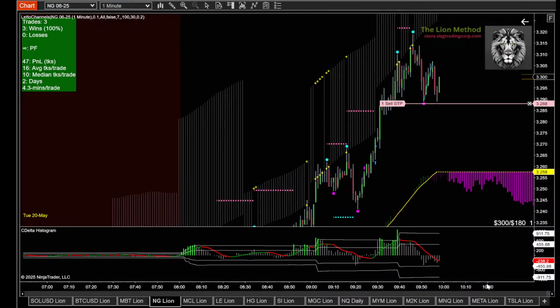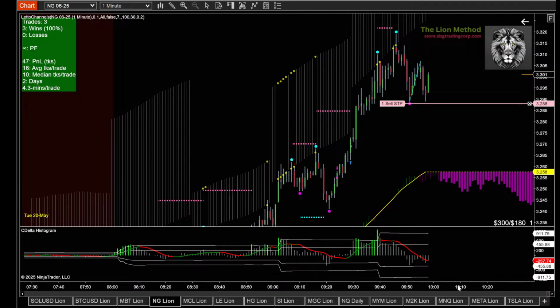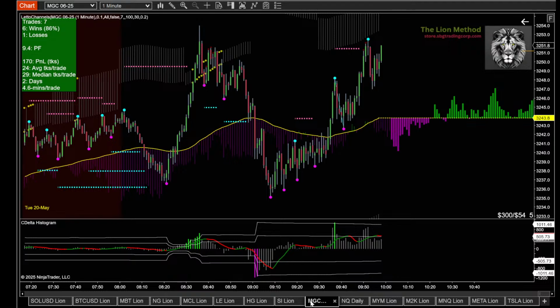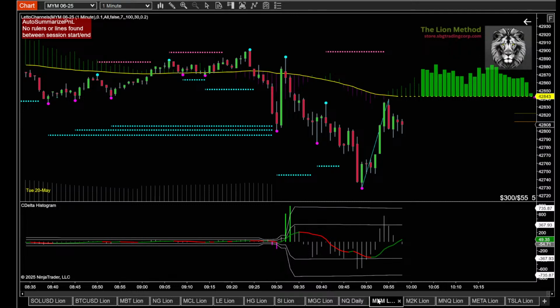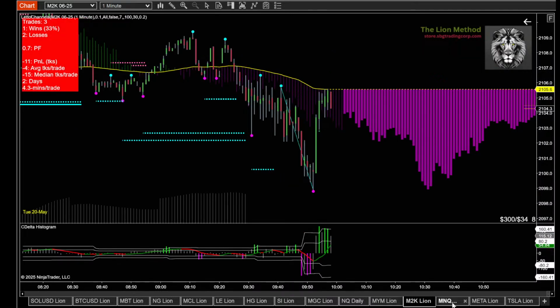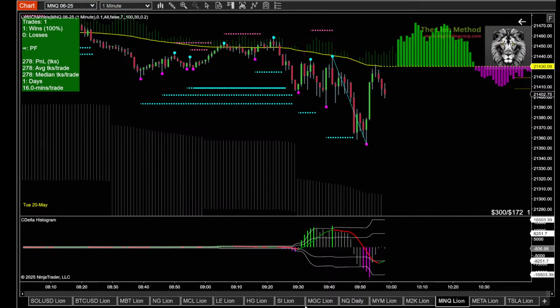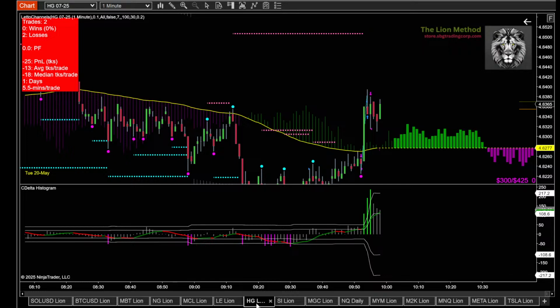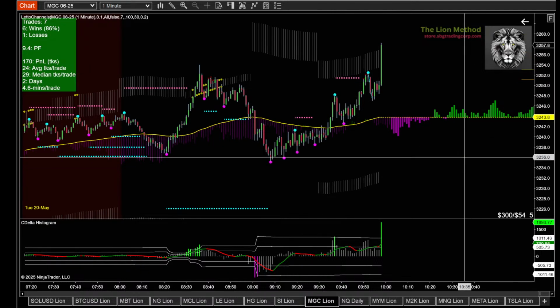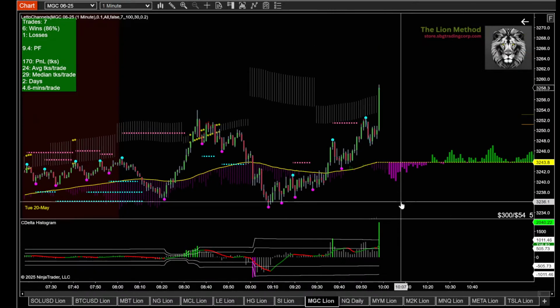Yeah, so there's our entry dot. Let's see what we can do. Metals are looking healthy here. They are overbought in gold. Strongly overbought in gold.